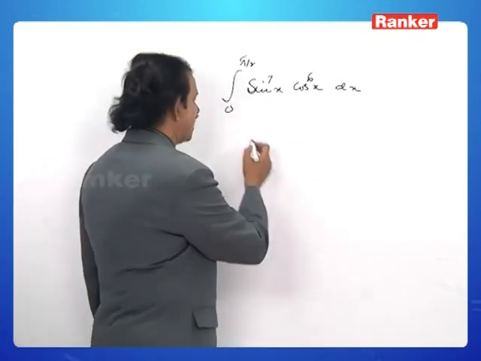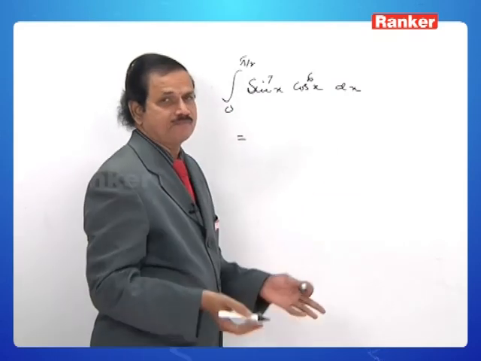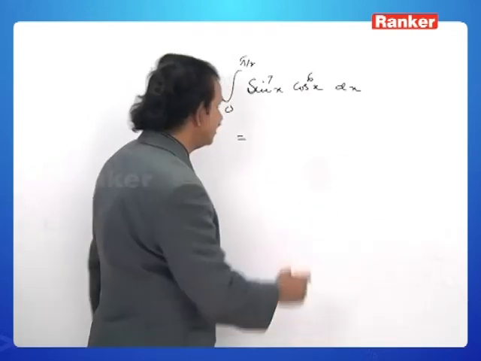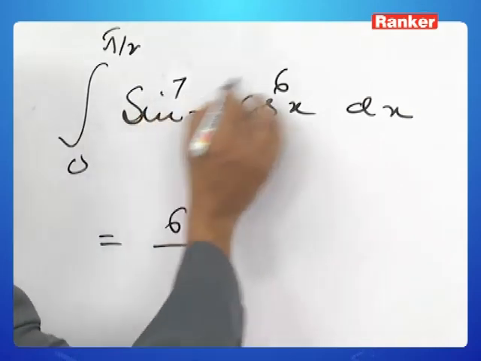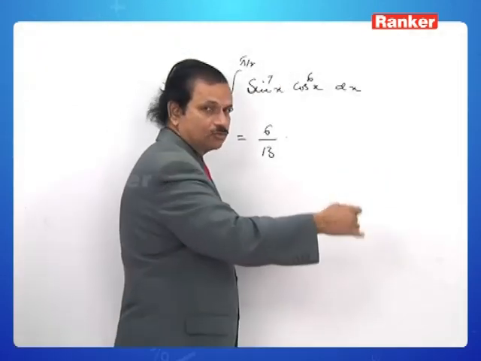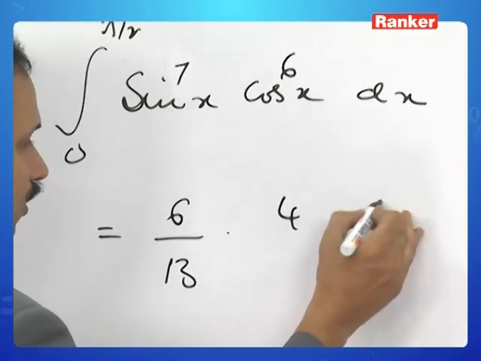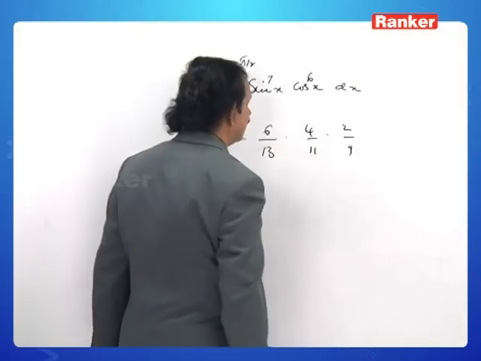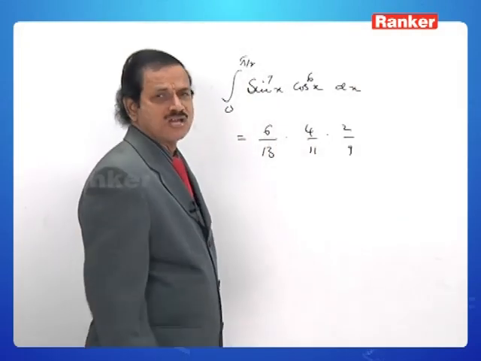Okay, let us start. Of course, there is no difference in the first step. What is the very first step? M minus 1, that is 6 by m plus n, 13. Come on, go on, decreasing 2, 2, 2, like that. 4, 2, 11, 9. Stop there. Okay, we have stopped.